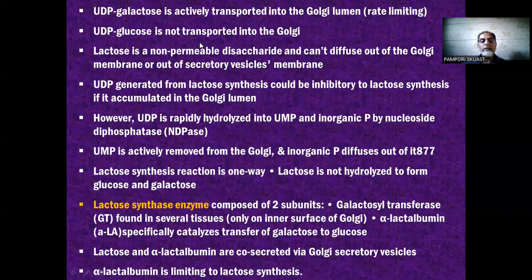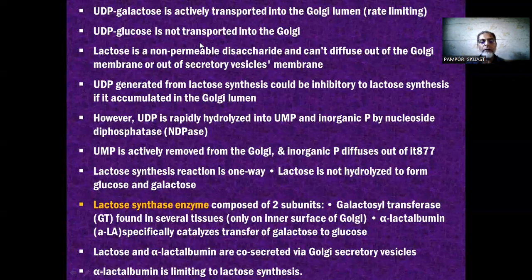So the lactose synthase enzyme is composed of two subunits. This lactose, which is formed from glucose and galactose, requires two subunits. One is galactosyl transferase, found in several tissues, only on the inner surface of the Golgi, and then, very important, alpha-lactalbumin specifically catalyzes the transfer of galactose to the glucose. This lactalbumin is only present in the mammary glands. It's a protein synthesized by the mammary glands itself.